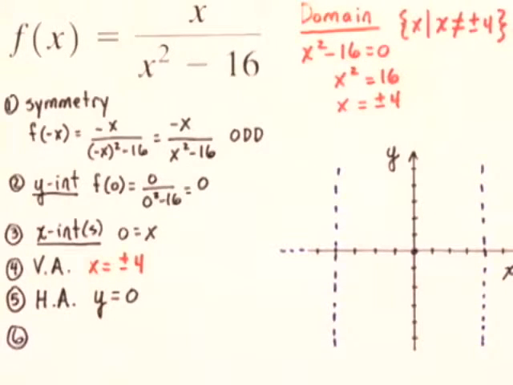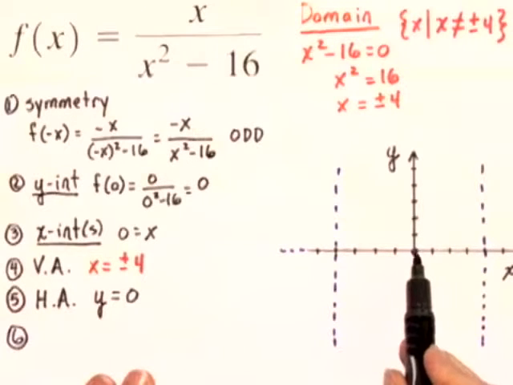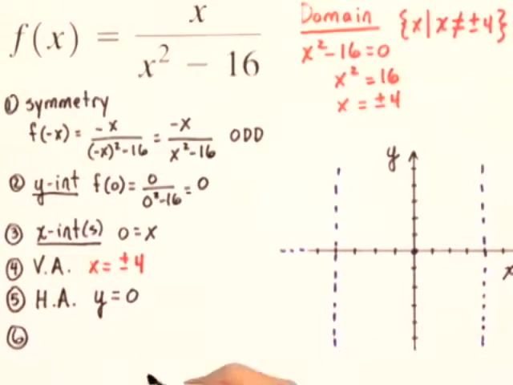Now we're ready to pick a few points. Normally, I pick points between any vertical asymptote and any x-intercept, but really I only need to pick half as many points here because I have symmetry. So I'm going to start off just to the right of the y-axis, and I'm going to choose a value in between 0 and 4 for x.